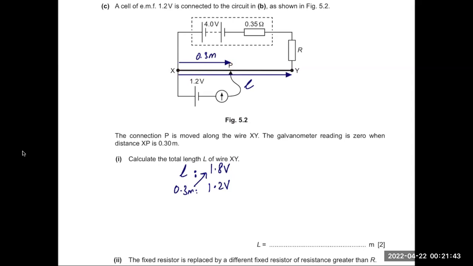We'll cross multiply, solve for L. L is equal to 0.3 into 1.8 over 1.2, which is equal to 0.45 meters.